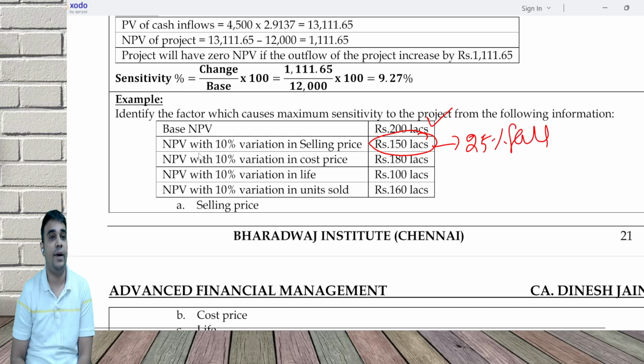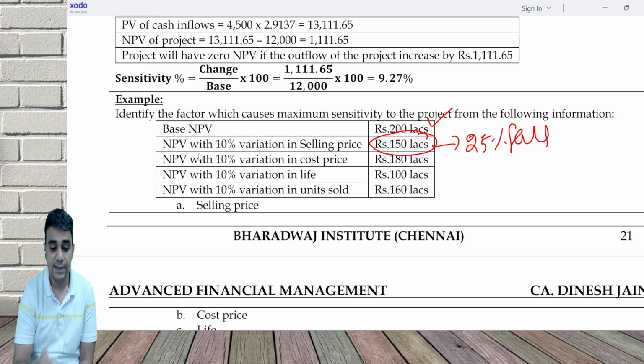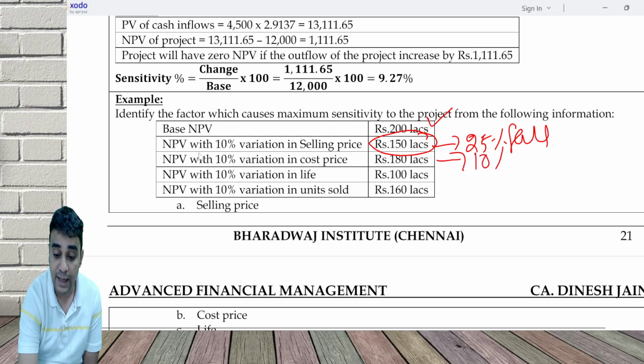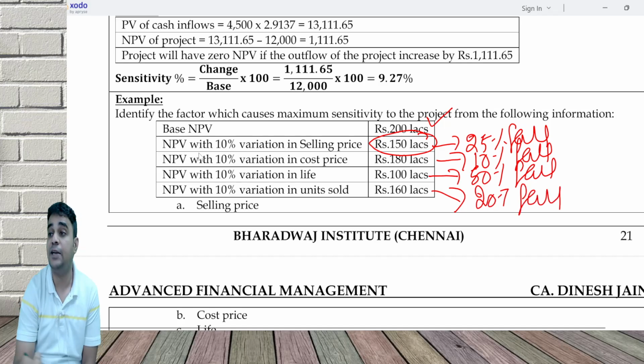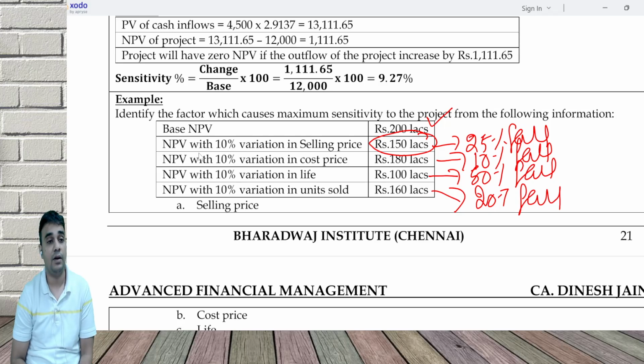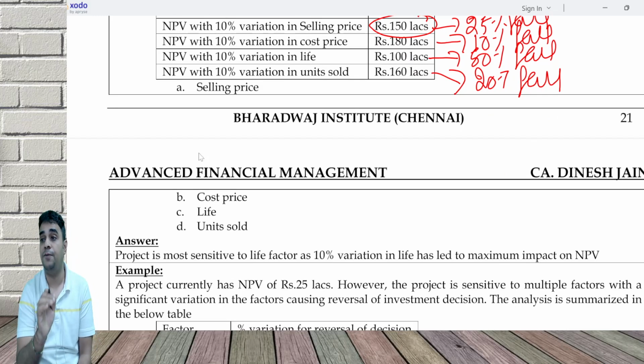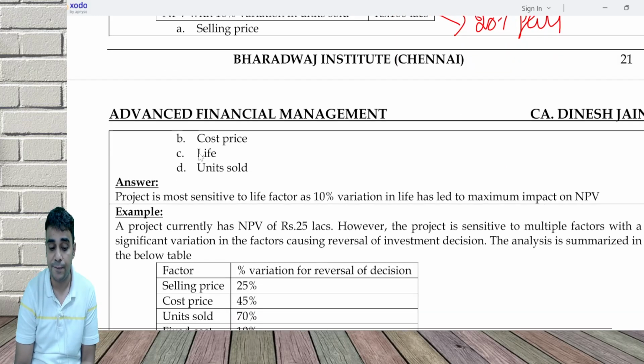Second parameter, it is a 10% fall. Third parameter, it is a 50% fall. Fourth parameter, it is a 20% fall. Which is leading to the maximum fall? Variation in life. So life is the most sensitive factor here.